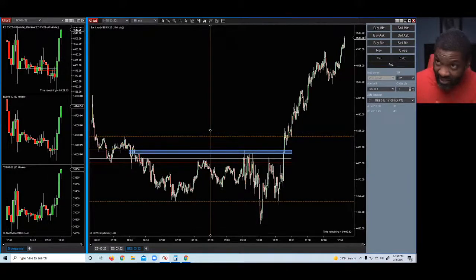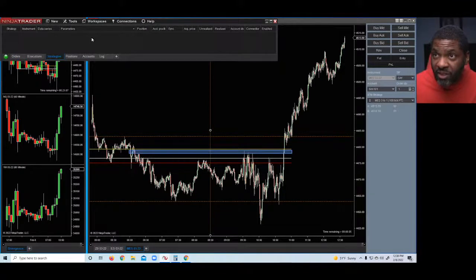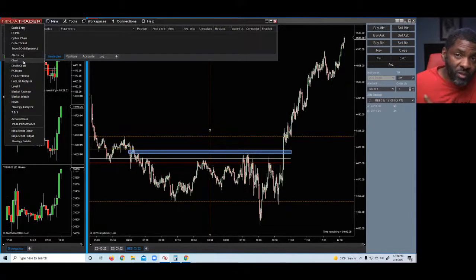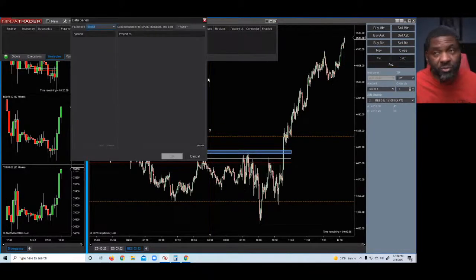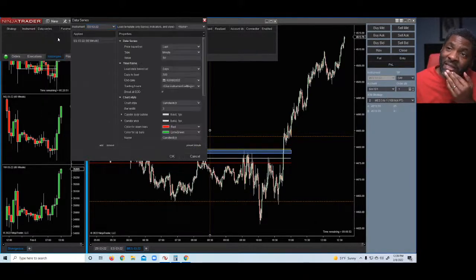The way I get that in there, for the homie J Miles, I done did this before, but I'll do it again. Check it. You go up here and you create a new chart, and then you pick what you want on there. I want the ES.